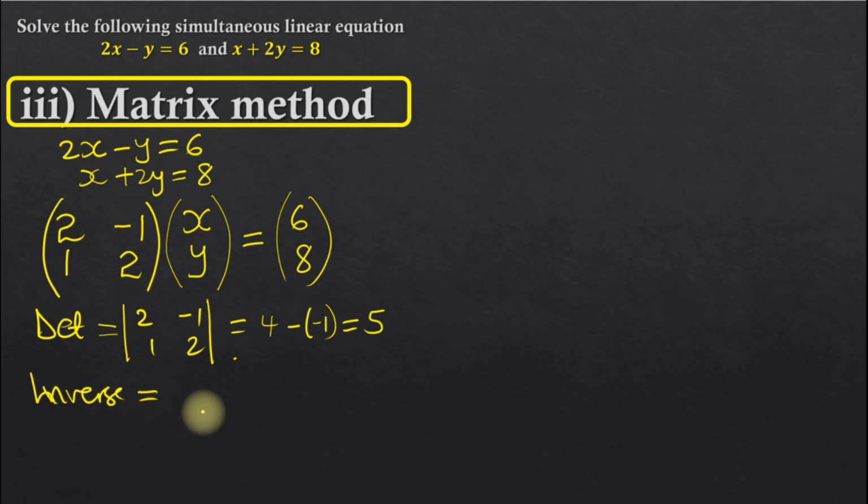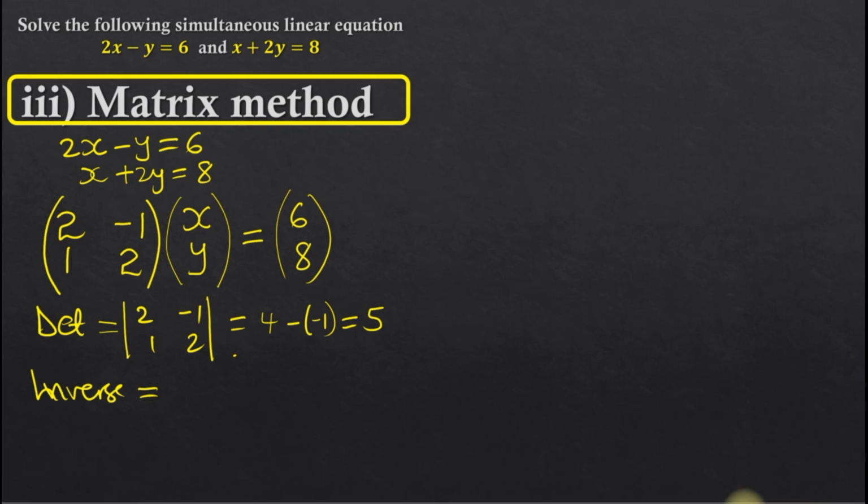So the determinant is 5, and therefore we also need to get the inverse of the matrix. To get the inverse of the matrix, it is 1 over the determinant. In our case, the determinant is 5. Then the coefficient matrix, which is 2, minus 1, 1, 2. We are going to interchange the elements in the main diagonal.